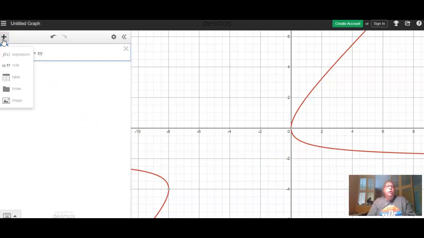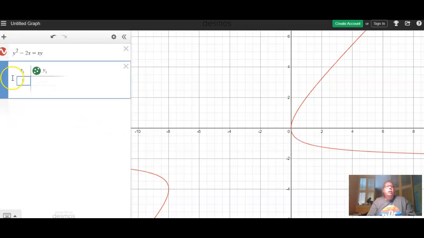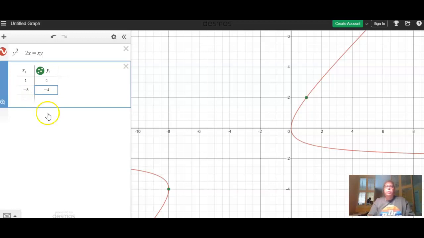Now the 2 points where we want to find the equation of that tangent line, we wanted one at +1, +2, and we also wanted one at -8 and -4. Alright, so you see we've got the +1, +2 over here. This is a point on my curve, and the -8, -4 right here. This is a point on my curve.